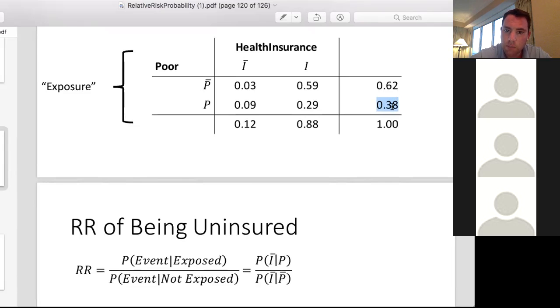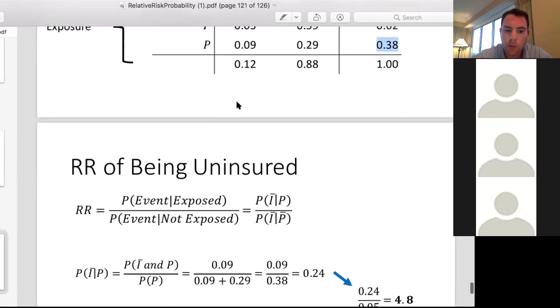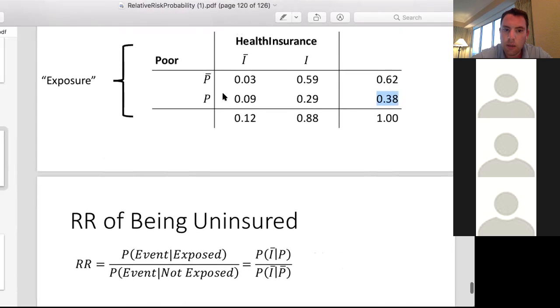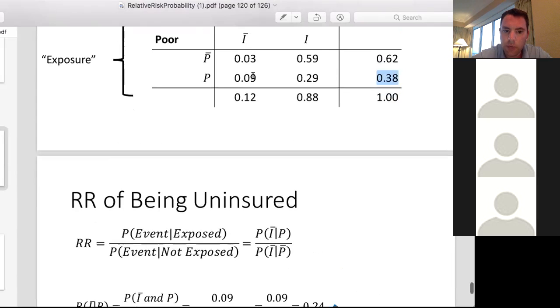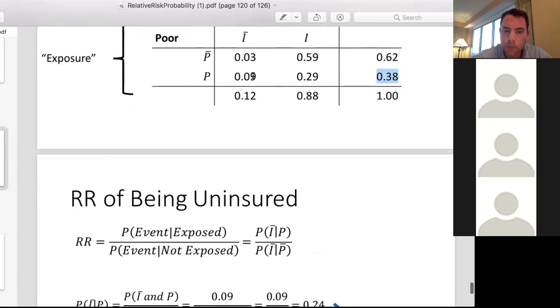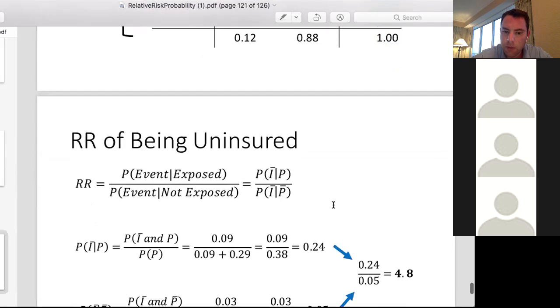Remember, these marginal probabilities are unconditional probabilities out here, and everything within this probability matrix is going to be a joint probability. So here we're calculating this joint probability of 0.09 divided by the probability of being poor, which is 0.38. So we see that the probability of not having insurance, given that you're poor, is 0.24 or 24%.